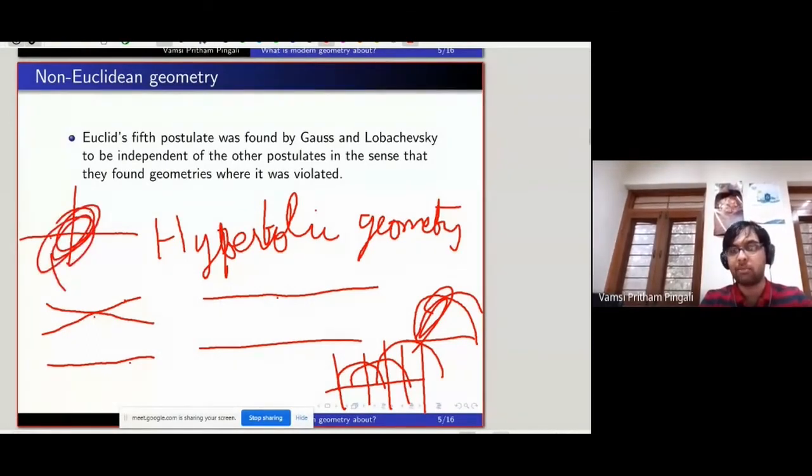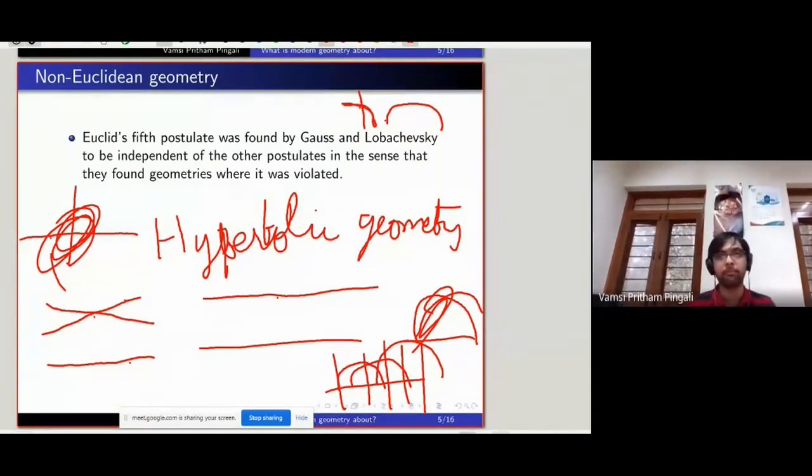What do I mean? Why am I drawing this? Suppose I take a point and a line, which is a curved sort of thing. If I take a point that's not on this line, I can draw this and this. These two quote unquote lines don't intersect this. So anyway, this is hyperbolic geometry.